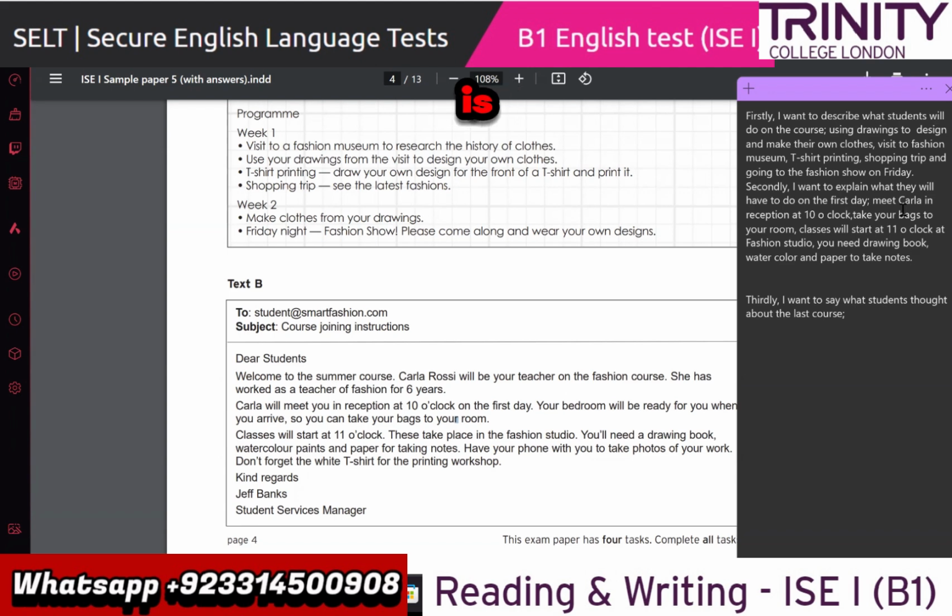And the last one is have your phone with you to take photos of work, and don't forget the white T-shirt. So I think we can write it like this: paper to take notes, phone, white T-shirt.